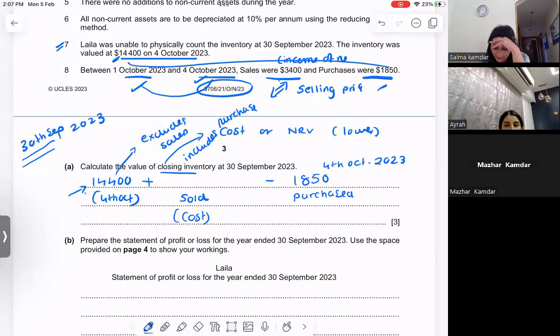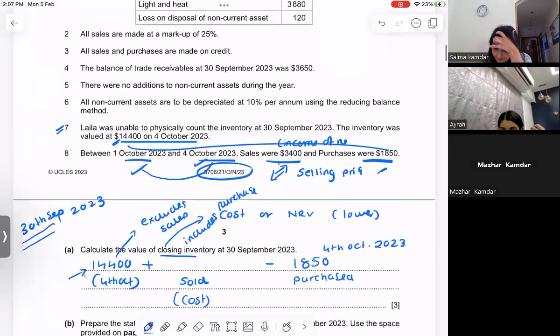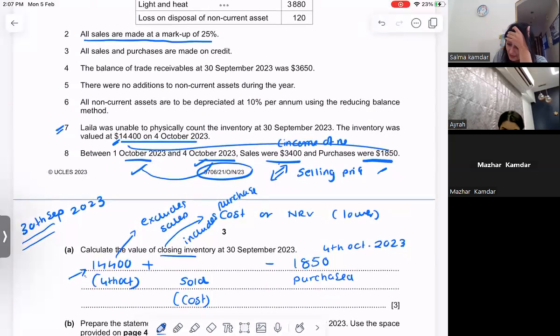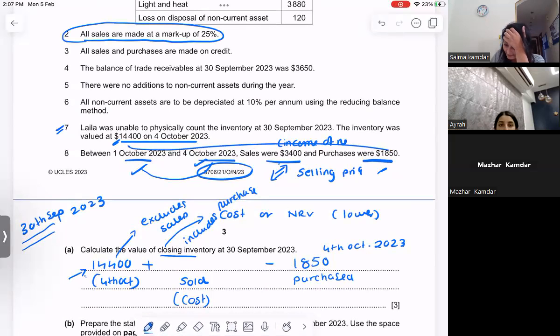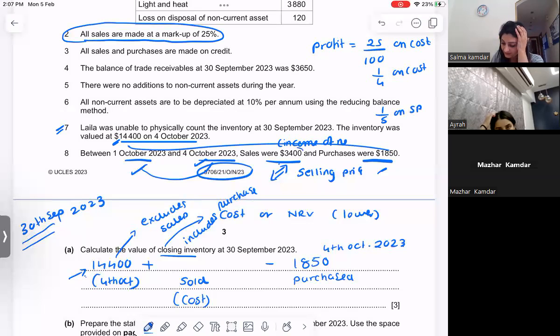Now tell me what will be the cost of sales. Sales are made at a markup of 25%. Markup is on cost. So profit is how much? That means it is 1/4 on cost, so it will be 1/5 on sales, the selling price. What is the selling price? 3,400.